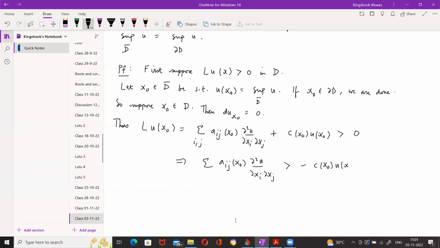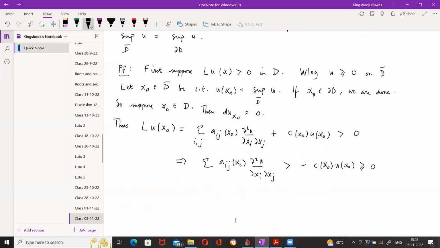Okay, and we can assume that by adding a constant, u is greater than or equal to 0 in the closed domain, right? Adding a constant doesn't change the conclusion of the maximum principle. So we can always add a constant to assume that u is greater than or equal to 0.